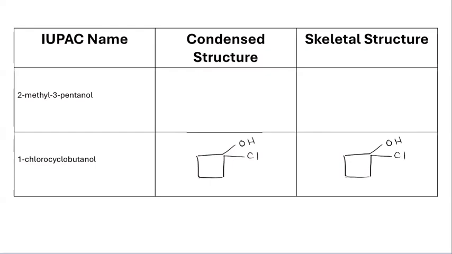In the condensed structure for 1-chlorocyclobutanol, there's a carbon right here. There's a carbon right here. There's a carbon right here. There's a carbon right here. This is how we include the hydrogens. This is a CH2. This is a CH2. This is a CH2.